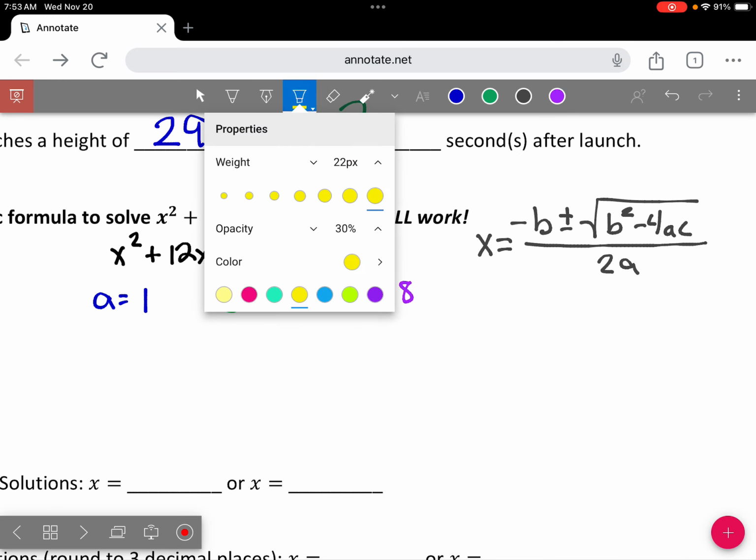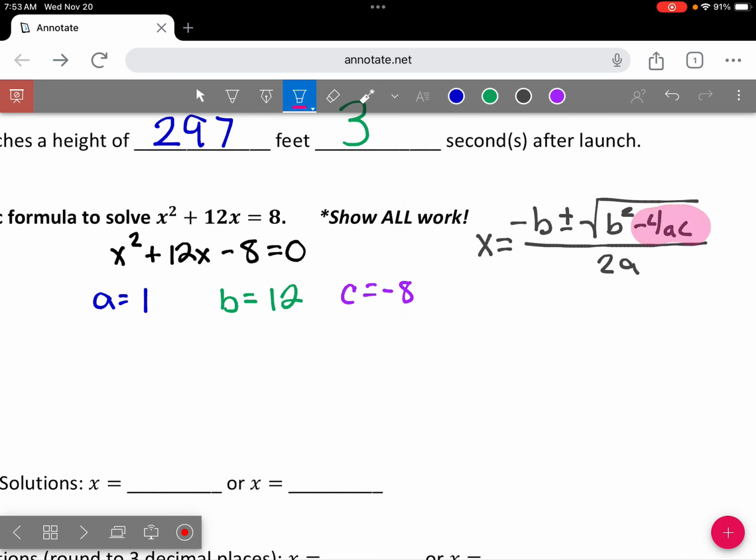When we do our quadratic formula, we start by doing our discriminant, the bit under the radical. It does help, I promise, to do that piece first instead of in one big chunk. We should have our 12, our B squared, minus 4 times our A, which is 1, times our C, which is negative 8.